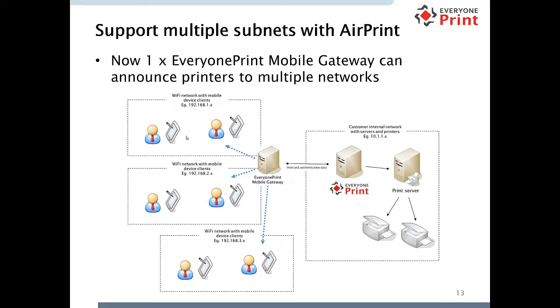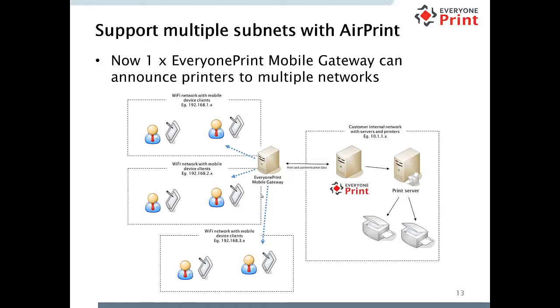And then you would have some separate networks containing your Wi-Fi devices, your iOS, your Android-based devices. If you had multiple networks, you would previously have to set up one EveryonePrint mobile gateway for each of these networks, which was slightly complex. But in the new version of the mobile gateway, we can support multiple networks from just one gateway.